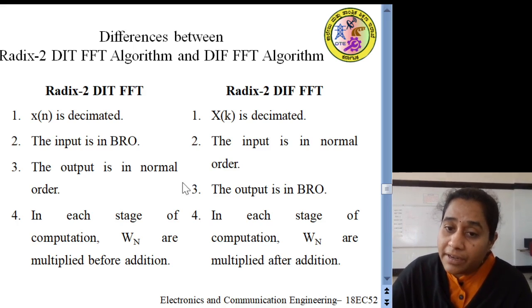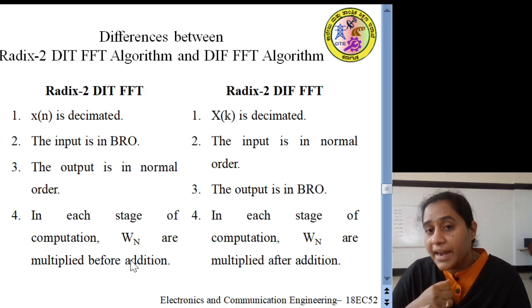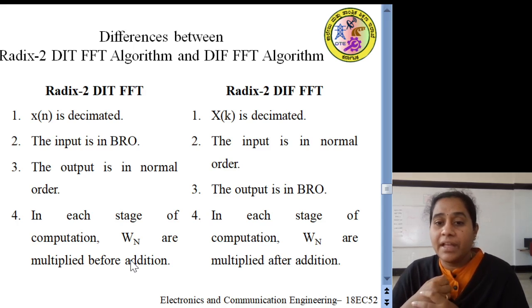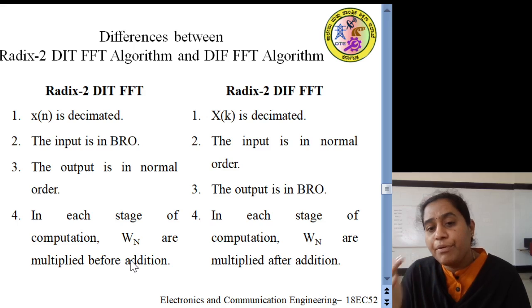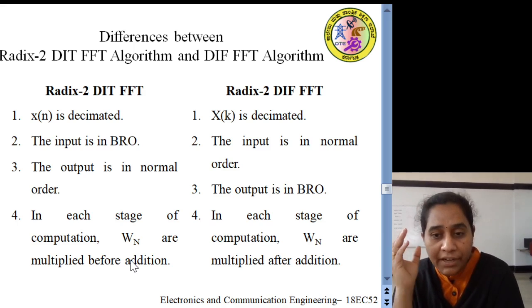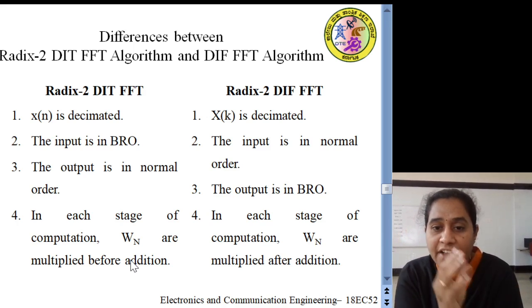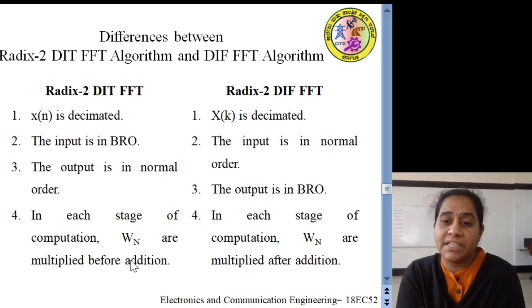Okay. So next, if we come under the radix 2 DIT FFT algorithm, in each stage of computation the twiddle factors are multiplied before addition. If you try to remember, in the butterfly structure of the DIT FFT algorithm, our twiddle factor W N will be multiplied before the addition.